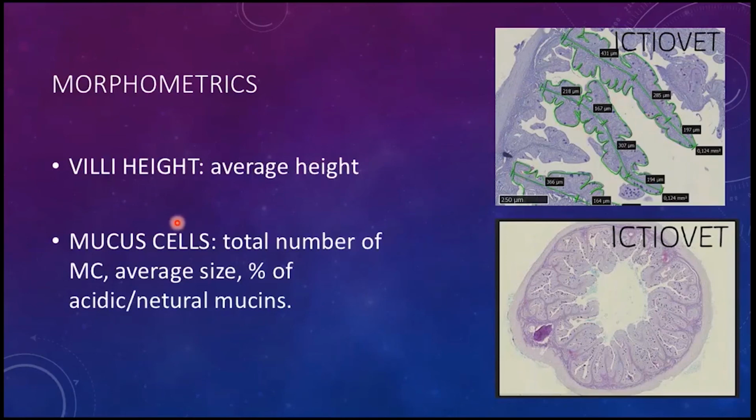And as I said, it depends on the aim of the study, but morphometrics quite often can be used to study mucous cell related data, including total number of mucous cells, average size of mucous cells, and percentage of mucous cells containing acidic or neutral mucins.